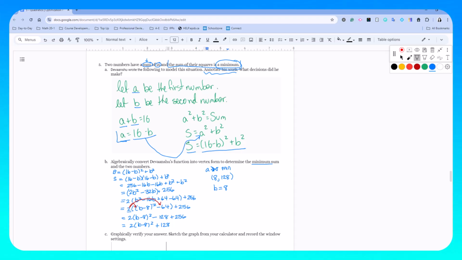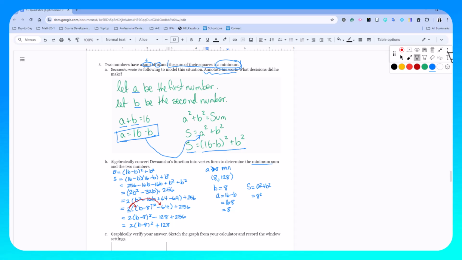Well, we have to go back to this formula up here. The a value equals 16 minus the b value, which is 16 minus 8, which is 8. Okay, so A and B are the same. And let's double check. S equals A squared plus B squared.